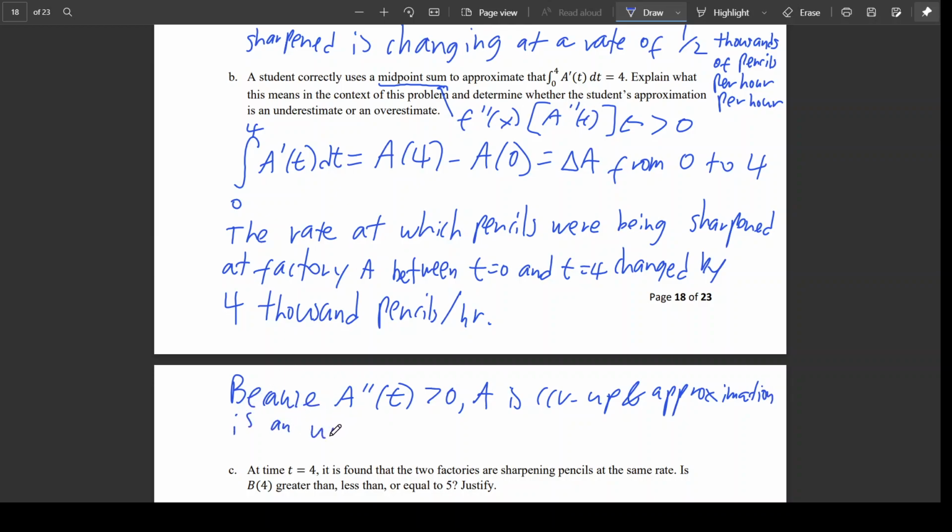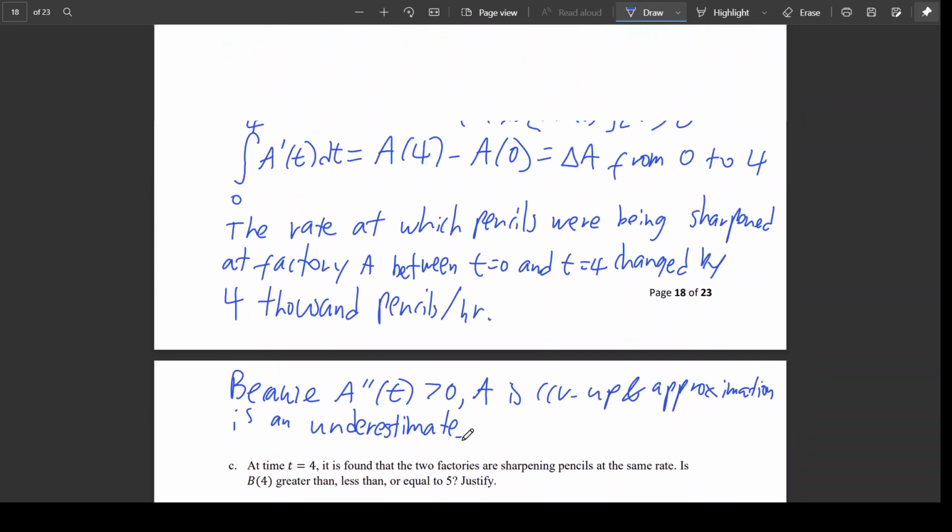Right? That's something you should know. Or if it's a midpoint sum and it's a concave up function, then it's an underestimate. Underestimate. There we go. Okay. And that is part B.